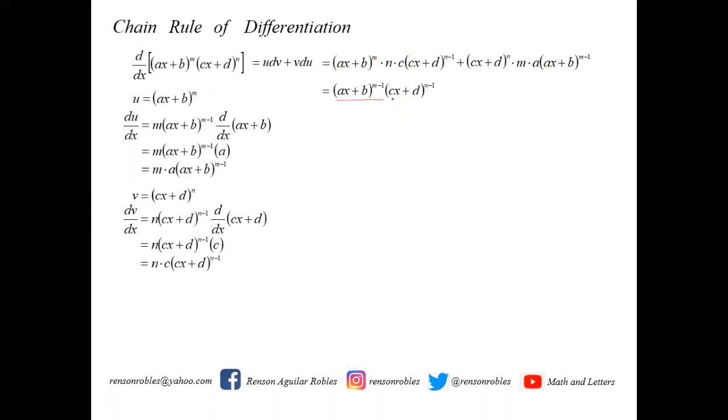When these two are factored out from here, what will be left is nc times (ax+b). And then when these are factored out from the second term, what will be left here is ma times (cx+d). Okay, and then we shall simplify this expression inside the bracket by introducing nc to each term inside and ma to each term inside (cx+d).